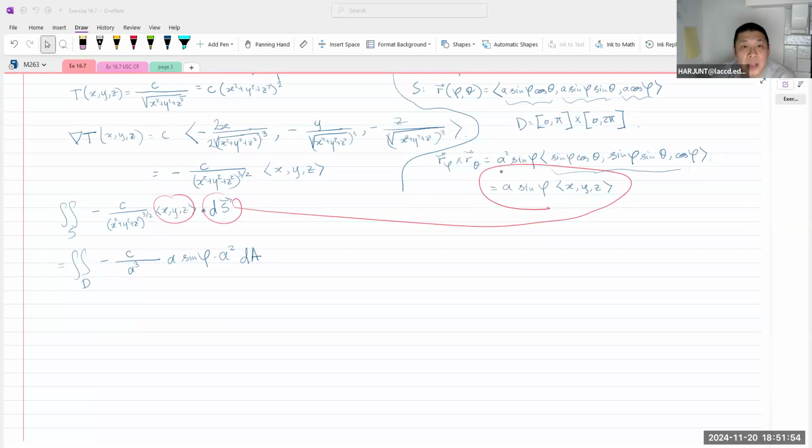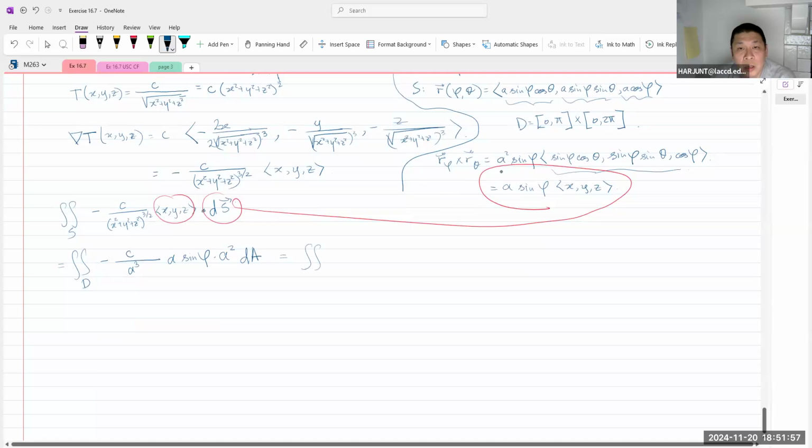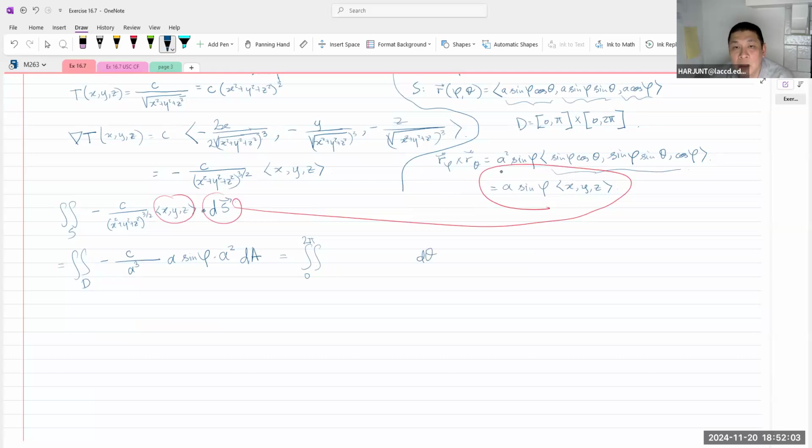Oh, a cubed, the a's cancel, so we end up with the double integral from 0 to 2 pi for theta, 0 to pi for d phi. We have negative c here. Is that right? Okay, so there will be negative c times 2 pi times the integral. That's another 2, so that will be 4 c pi with a negative.